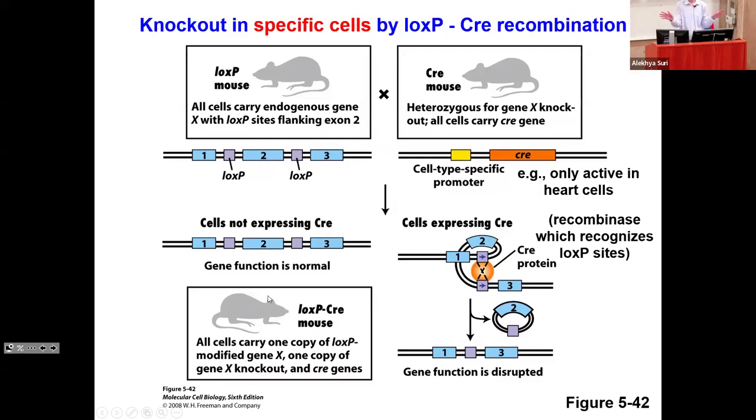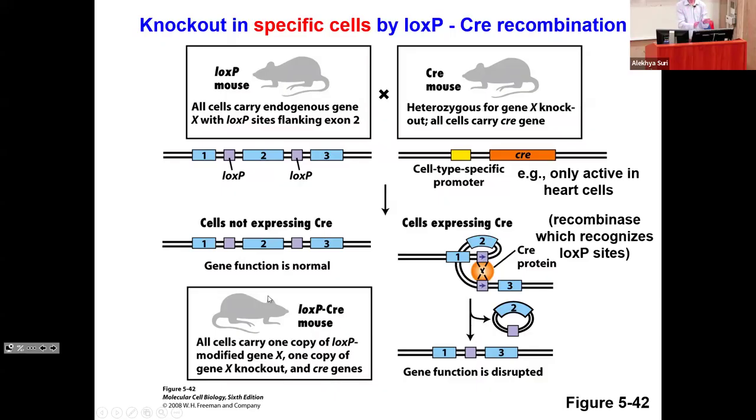In all the other cells and tissues, it's not expressed. So because of this cell type specific promoter, Cre recombinase will be expressed, for example, in heart cells, and then you would see splice out of exon 2. So only in these cells will Cre recombinase be produced.